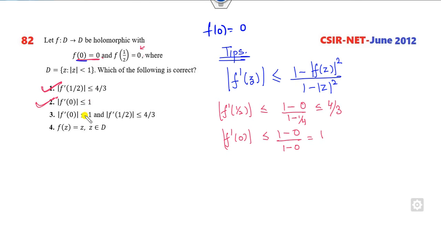F dash 0 is less than 1 already satisfied, and this is a repetition of the first and second. F of z is equal to z, which is not true, because you can see f of half is half, which is not equal to 0. So this option is cancelled.